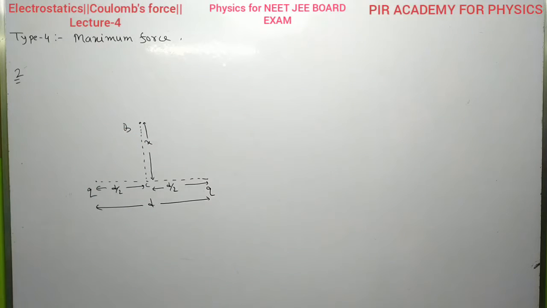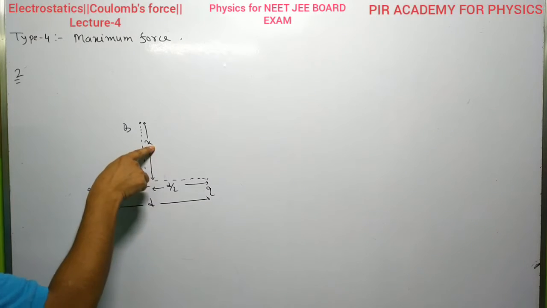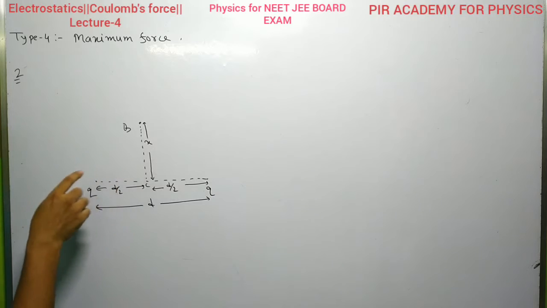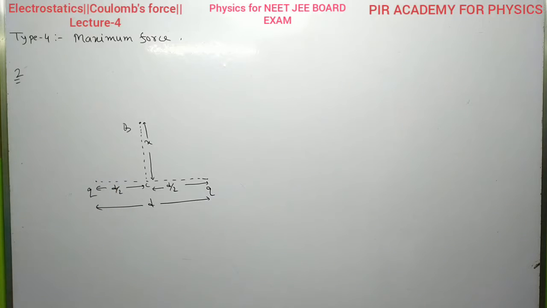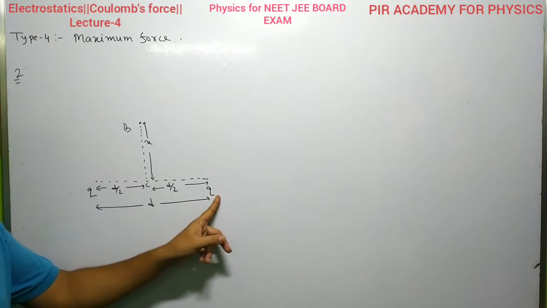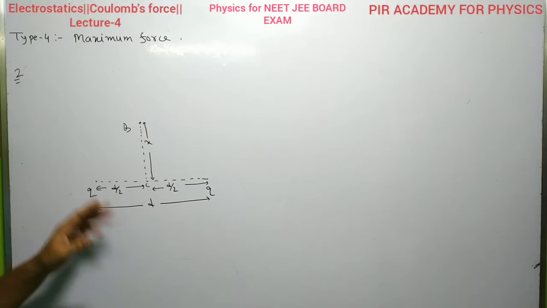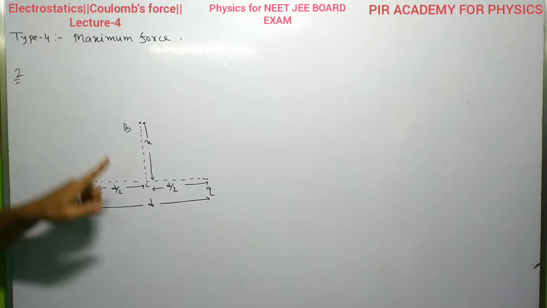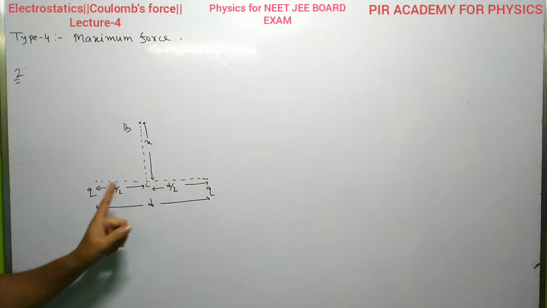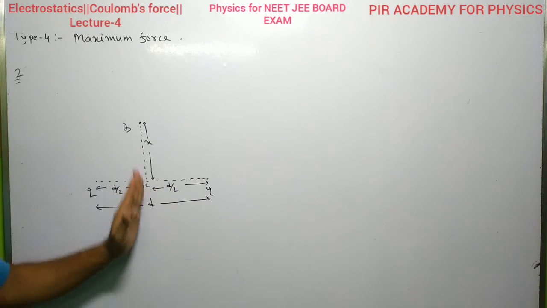So you have to find out the distance x so that this charge will experience maximum force. Suppose this is a charge q and this is a charge q, the distance between the two charges is d, and another charge is placed perpendicular to the line joining the two q charges from the center.